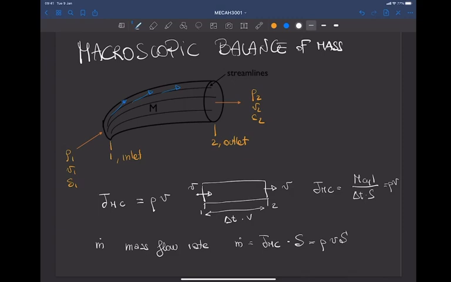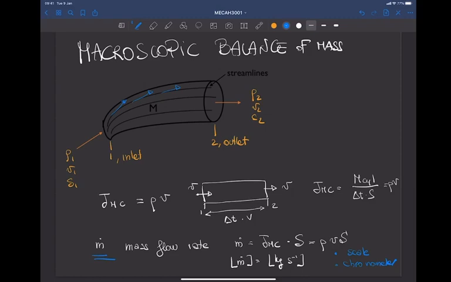The units of the mass flow rate are kilograms per second. Okay, and so you also realize that this is a very easy quantity to measure because you only need a scale and a chronometer.